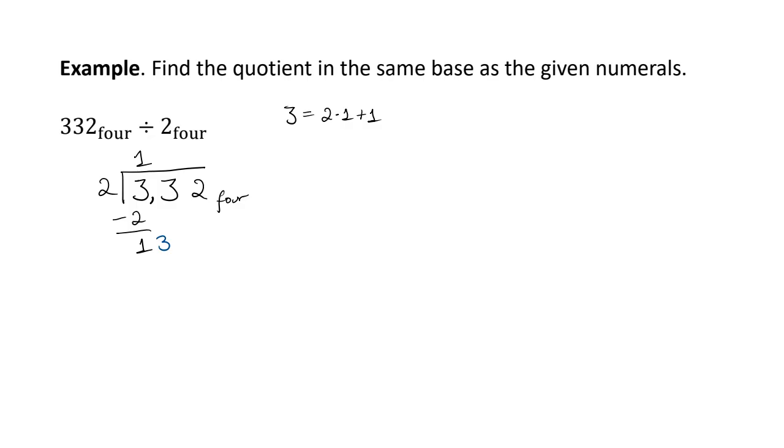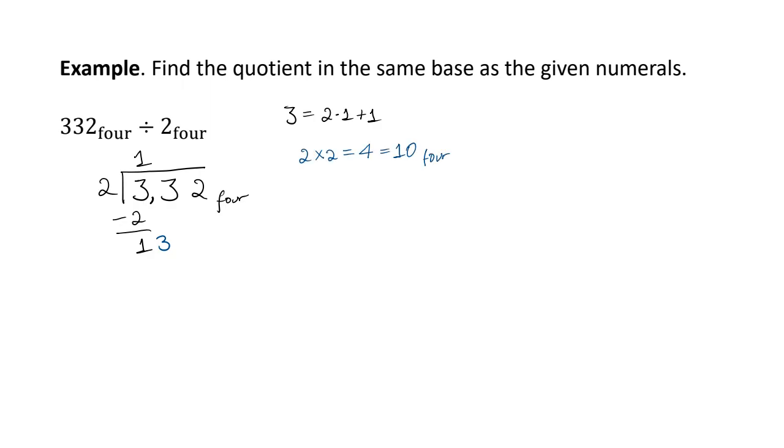Now, I probably said this wrong because this is actually not specifically 13 since I am in base 4. So to find out how many times the 2 fits into this number, which is in a different base, we look at the multiplications.